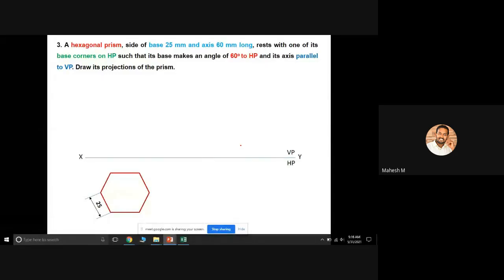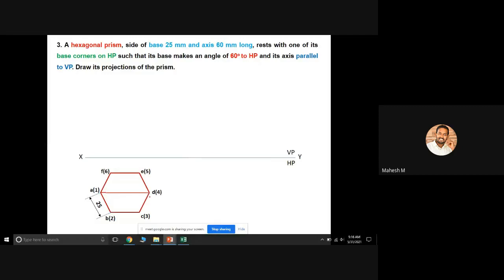Then only you can find the axis point. Here finding the axis point is very simple. That means you have to connect 2 corners. If you are connecting any 2 opposite corners, here I am connecting corner A of 1 and B of 4.